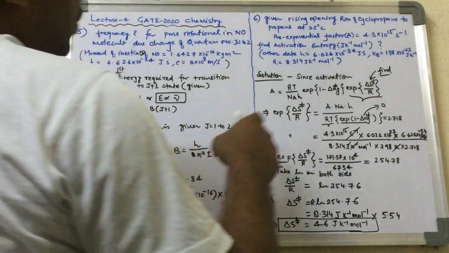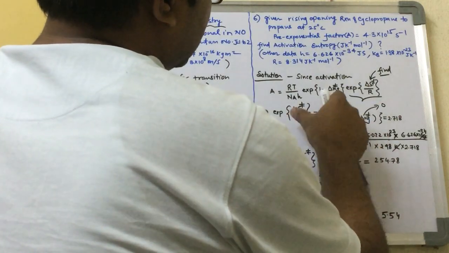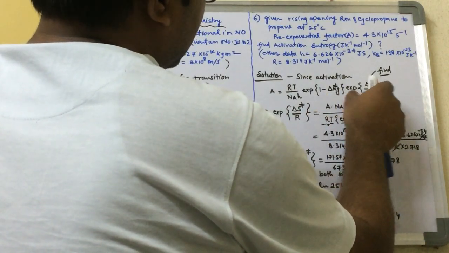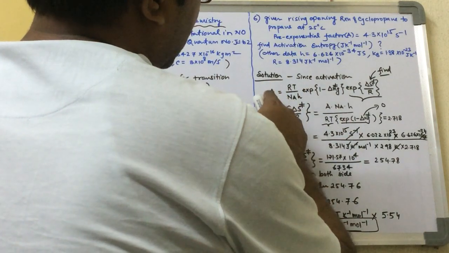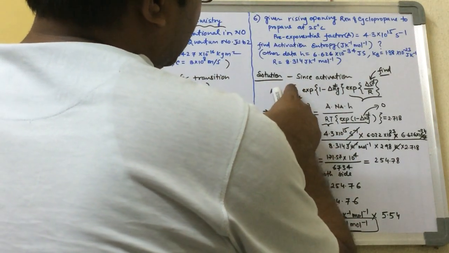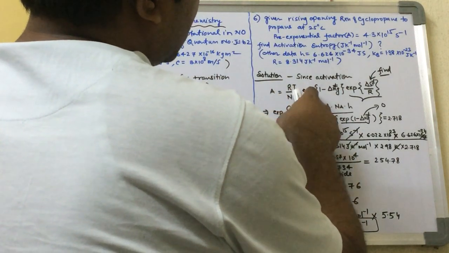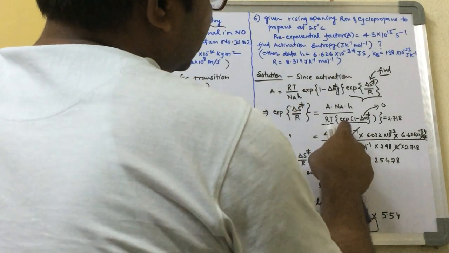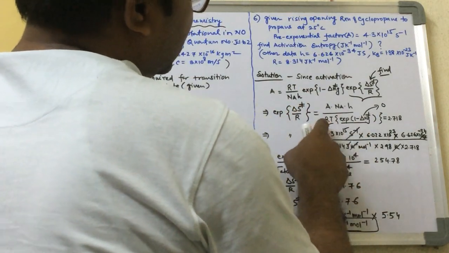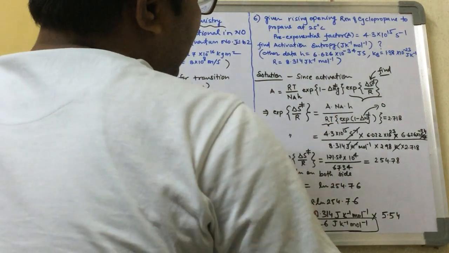Now if we put this on this side and this goes to that side, so A is multiplied by this and divided by this. So here I am writing it like this.